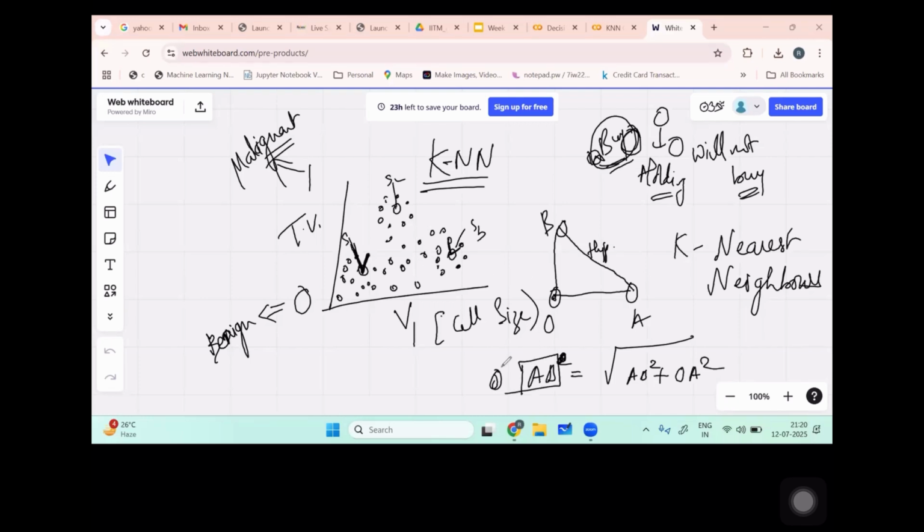Sorry, OA square and OB square, my bad. So this side square and that side square.